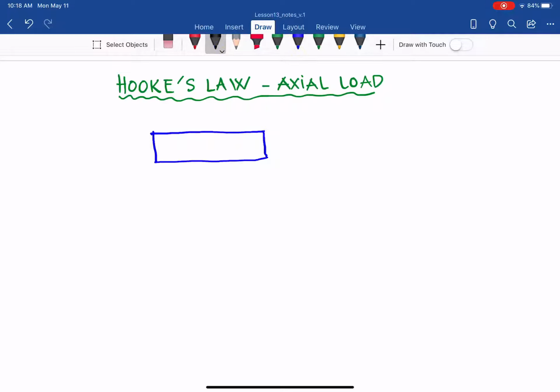In tension, the member increases in length under the load P. If we divide P over A, that equals sigma, the normal stress, if you recall.